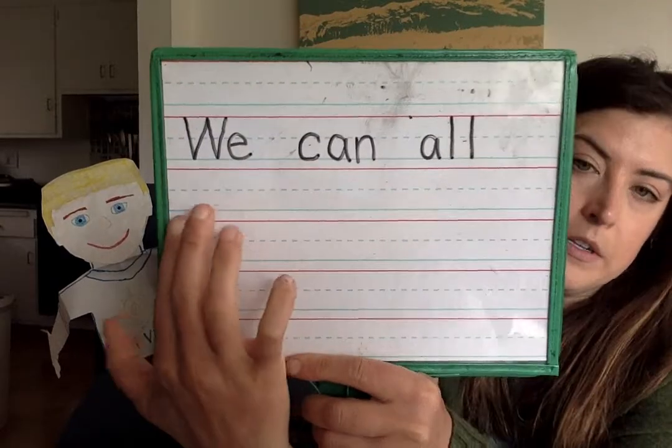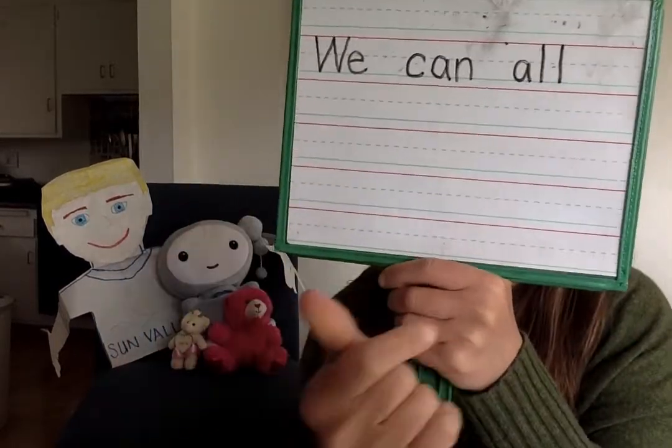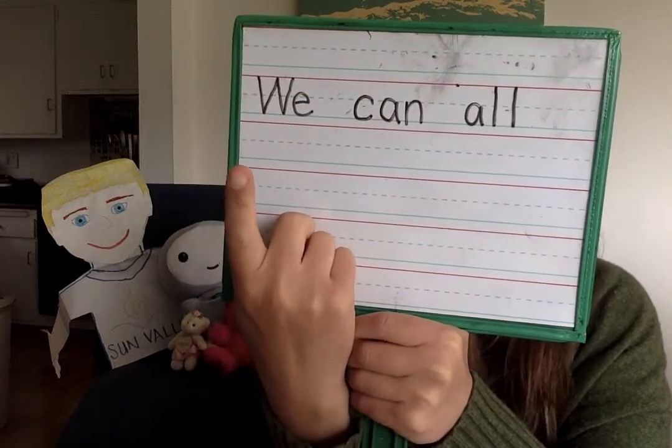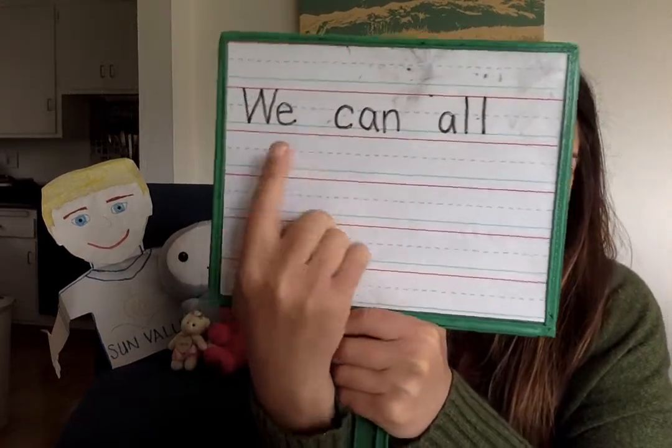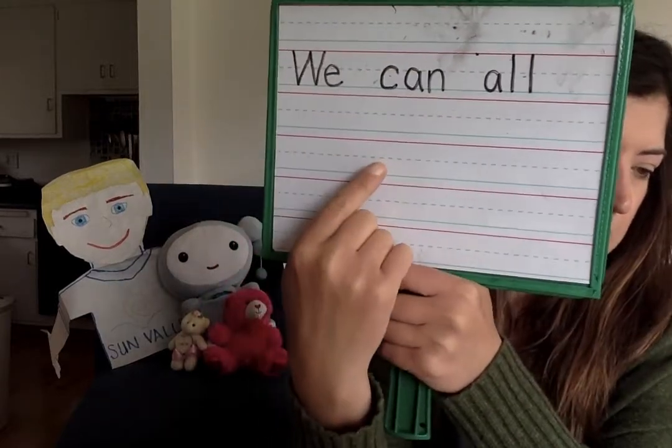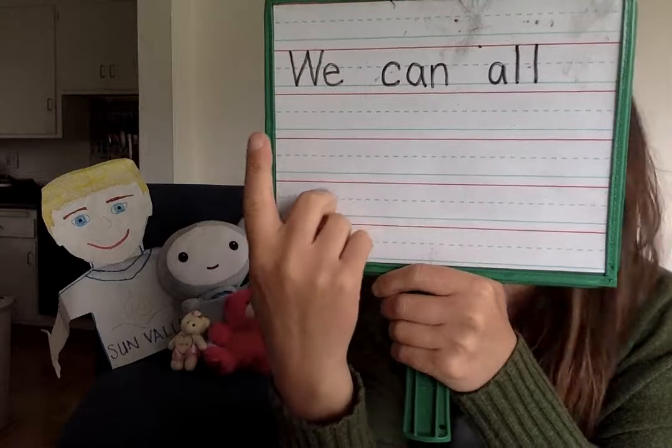We can all. Okay, so before I give you the last word, check your snap words. These are words that we should know in a snap in our brain. W-E spells we. C-A-N spells can. A-L-L spells all.